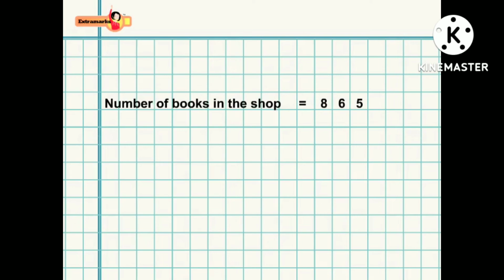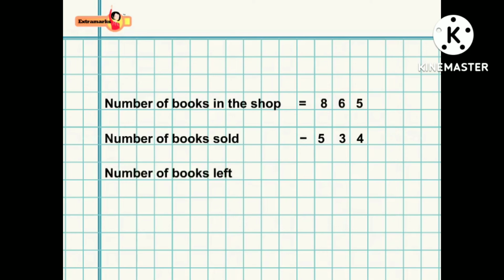Number of books sold 534. Number of books left 865 minus 534. Hundreds, tens, ones. 865 minus 534 equals 331.